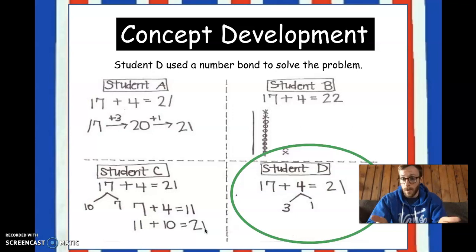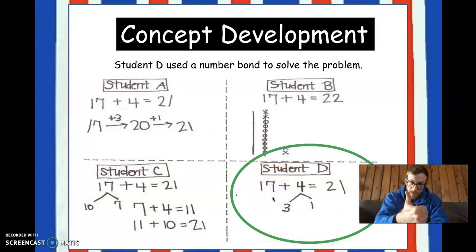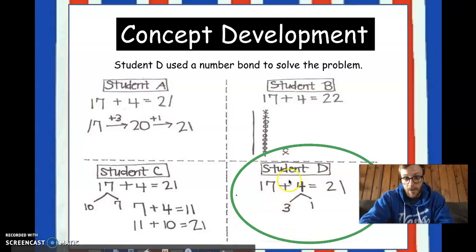They also did a number bond, but they broke apart 4. They figured, I need to get 17 to the closest 10, which is 20. So they need 17, 18, 19, 20. They need 3 to add on to the 17. They took that 3 from the 4.